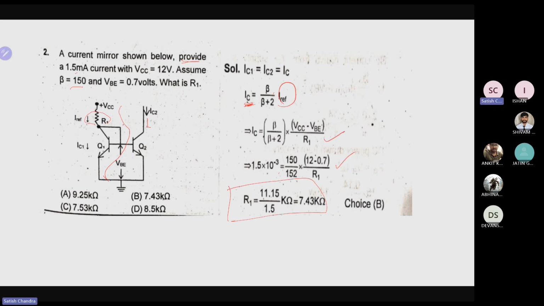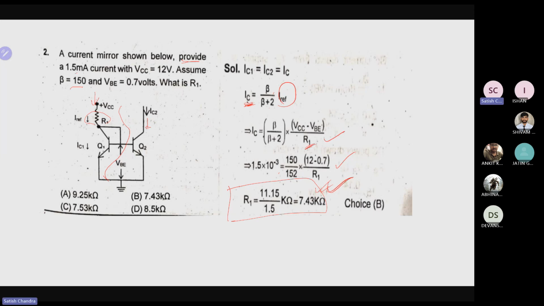This question also has one basis: if we are giving a current in milliamperes, and you want a current in microamperes, in that case we also require a higher resistance. If we are going to increase this current, basically this resistance, then only can we achieve that.